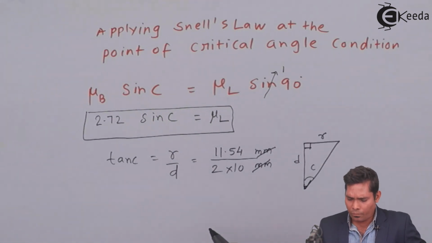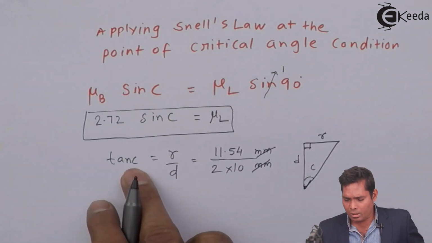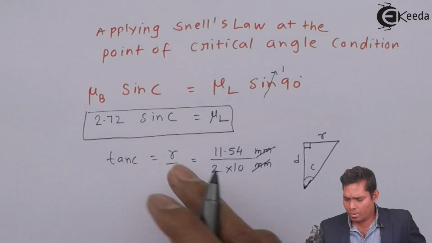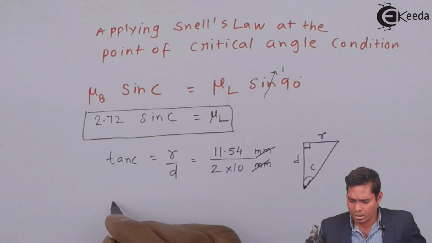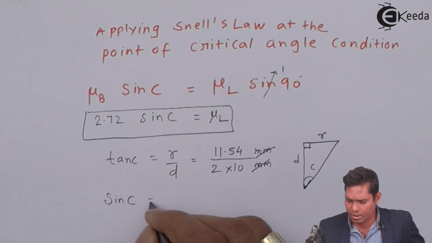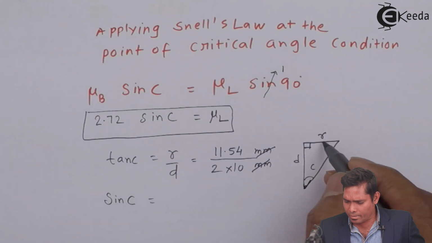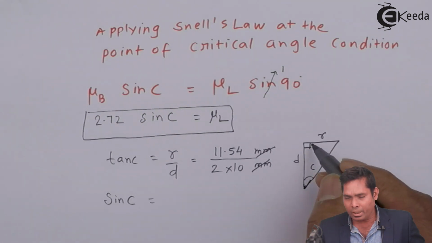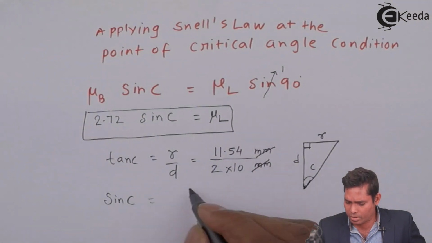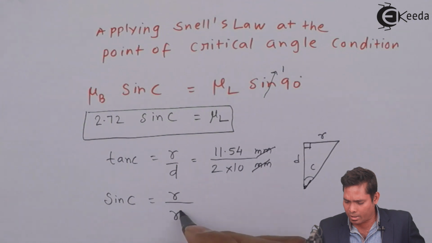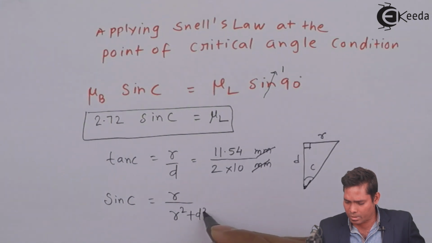Now if I have tan of C, how do I get sine of C? So from this triangle, sine of C is this side upon this side, perpendicular upon hypotenuse. This is R divided by the hypotenuse, that is under root of R square plus D square.